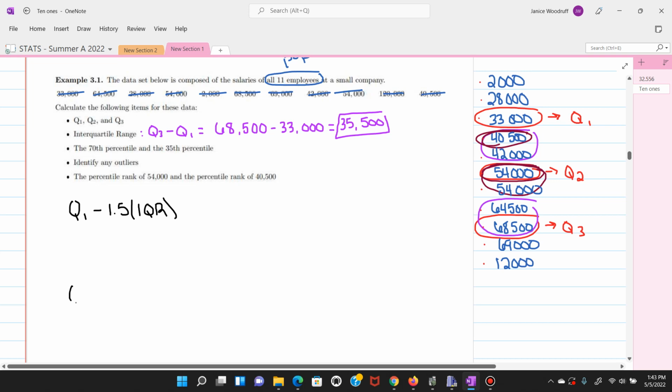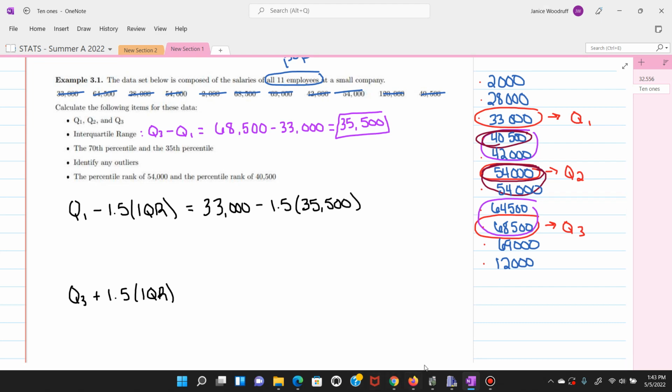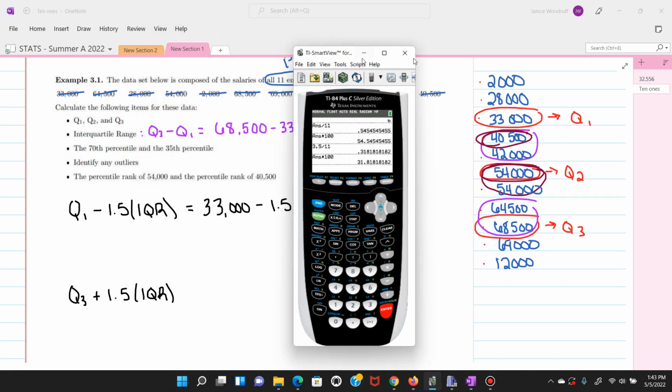And then upper outliers, quartile 3 plus 1.5 times the IQR. So if I'm looking for lower outliers, quartile 1 is 33,000, and then minus 1.5 times my interquartile range, 35,500, which we had found up here. So we're just going to go ahead and put that in, see if it works.